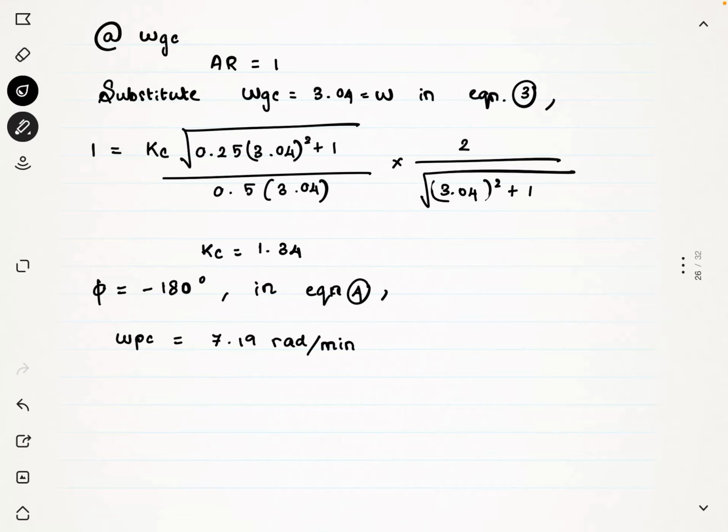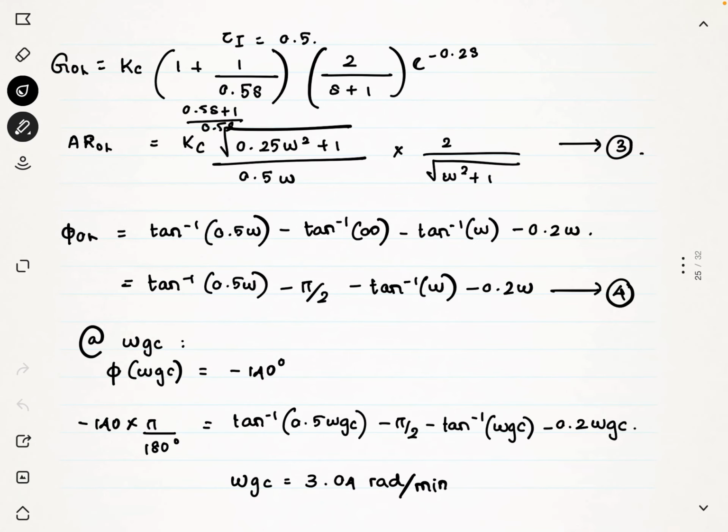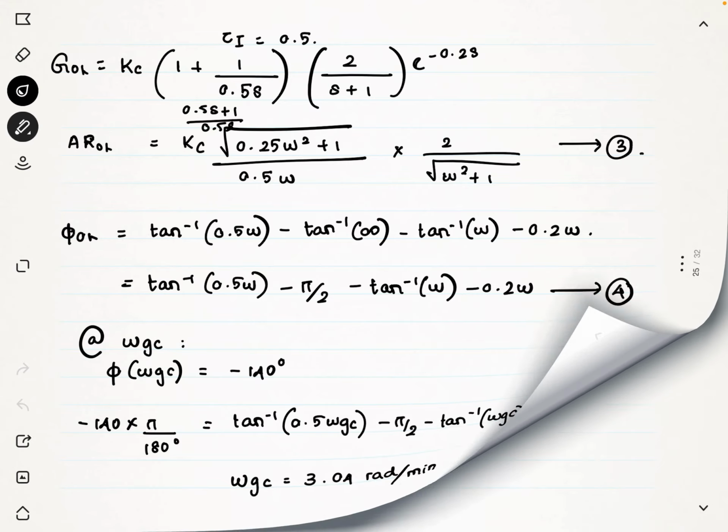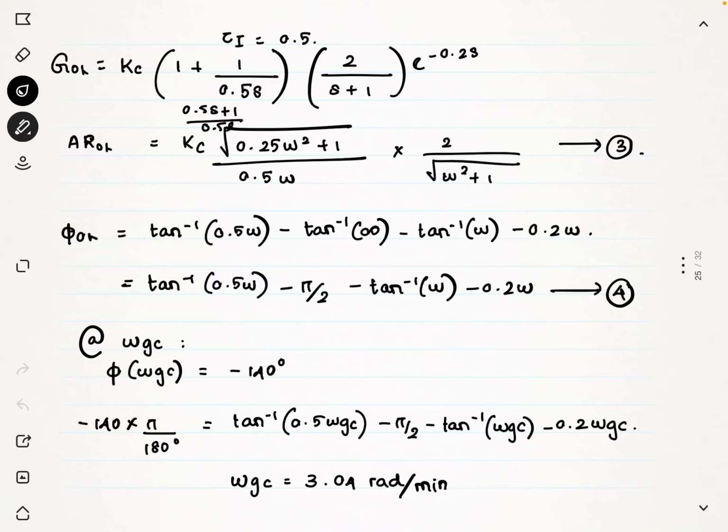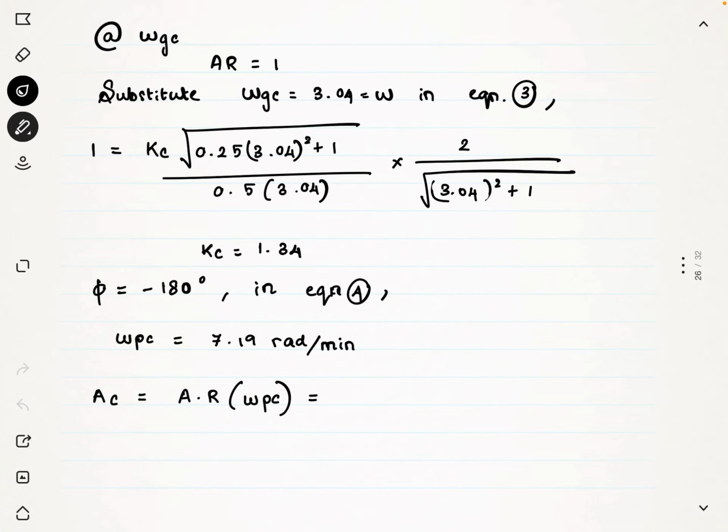So we are closer to completing the problem. The critical amplitude is equal to the amplitude ratio at phase crossover frequency. In equation 3, using the information given in the question, we have found the value of Kc, and also we know the value of omega, the phase crossover frequency, as 7.19.